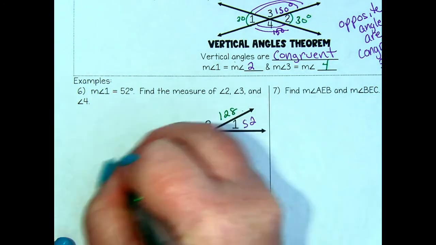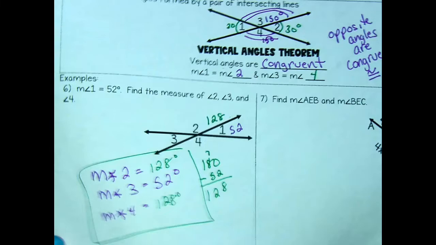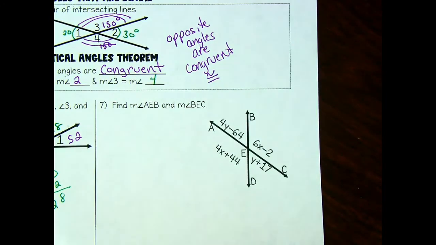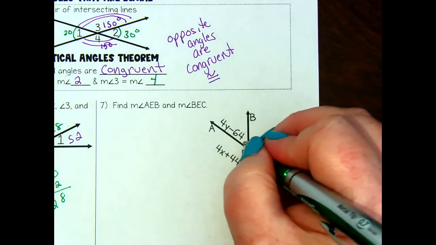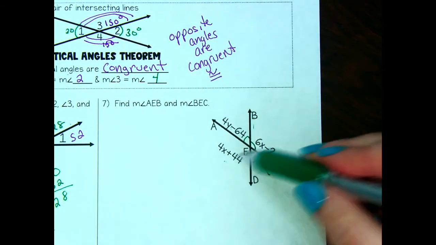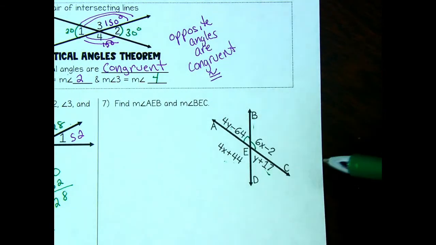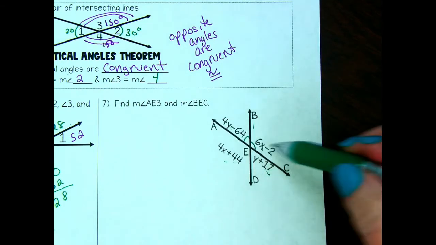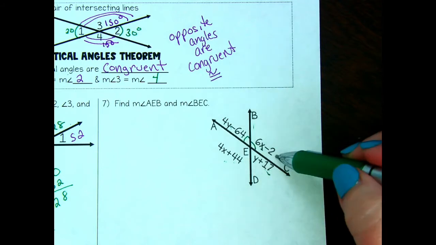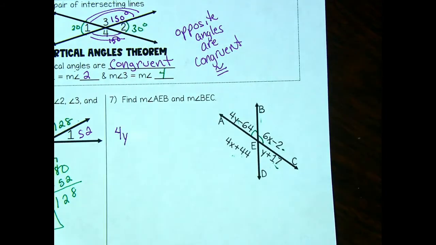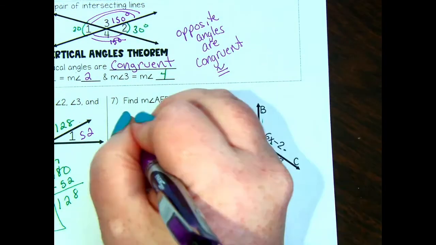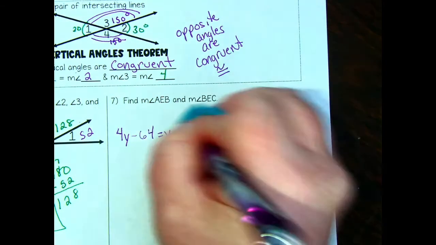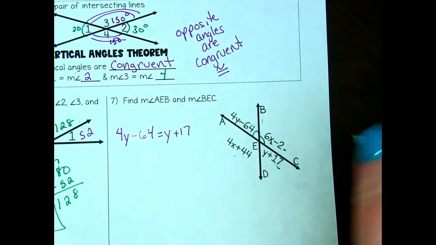In this case, for number 7, I want to find the measures of angles AEB and BEC. So if we look at this, one has to say, well, why can't I just add these up and set it equal to 180? Well, this has a y and this has an x, so I'm going to use opposite angles. I'm going to say that 4y minus 64 is equal to y plus 17 because they are opposites.